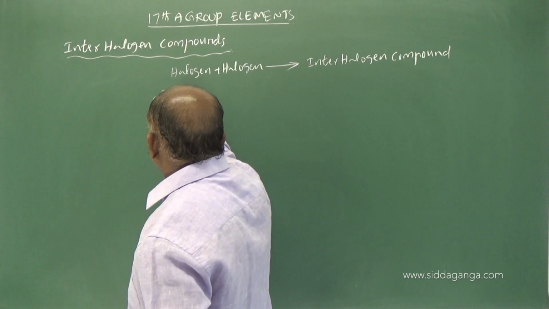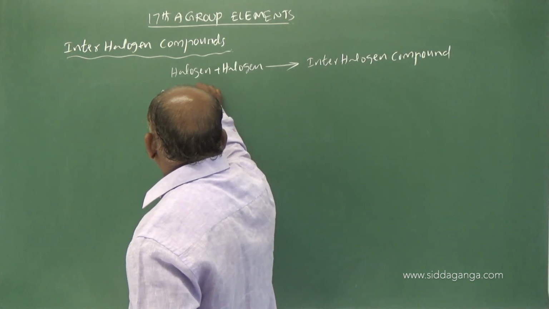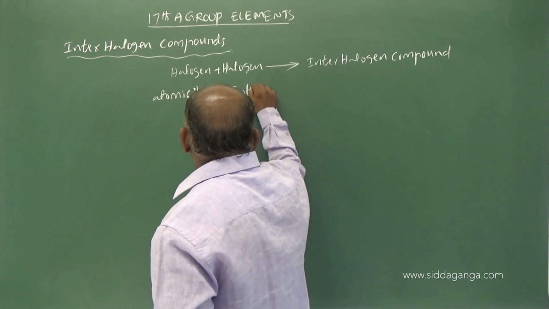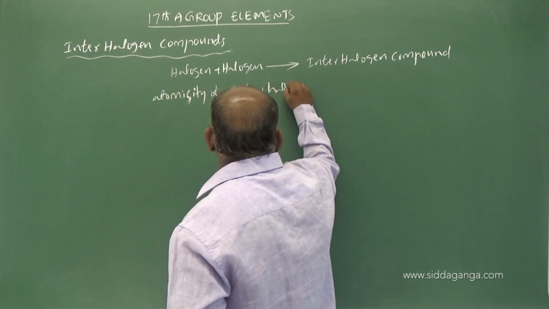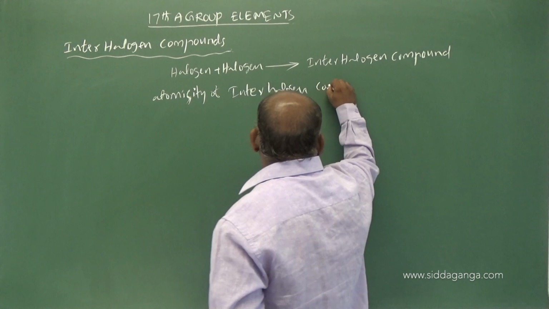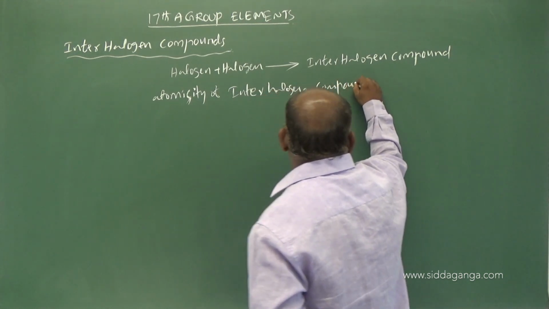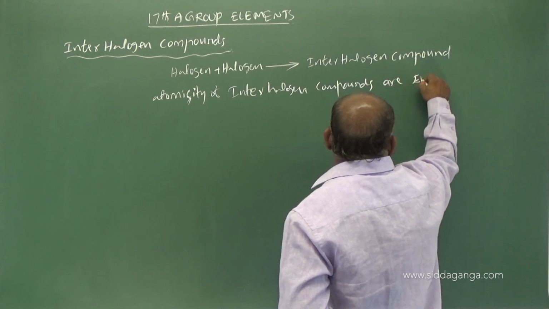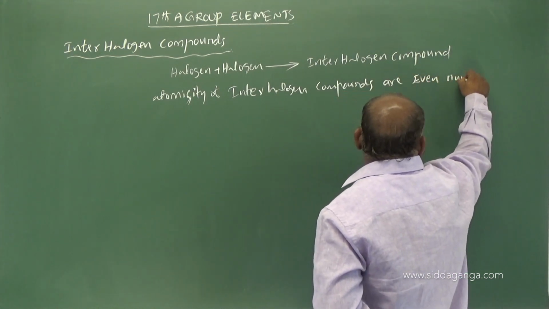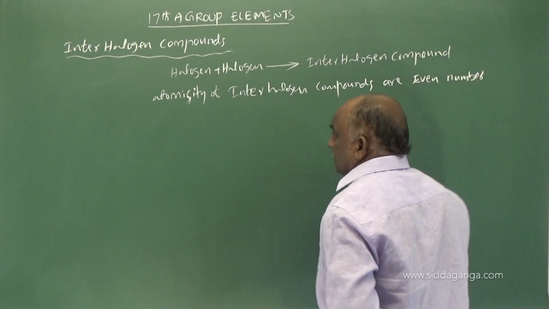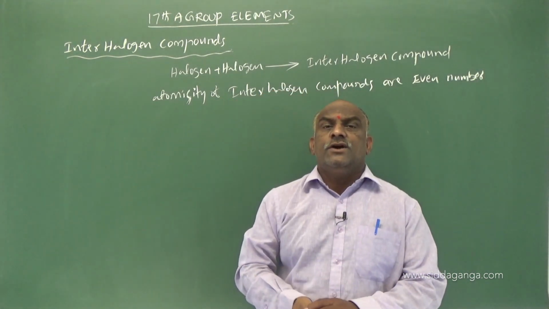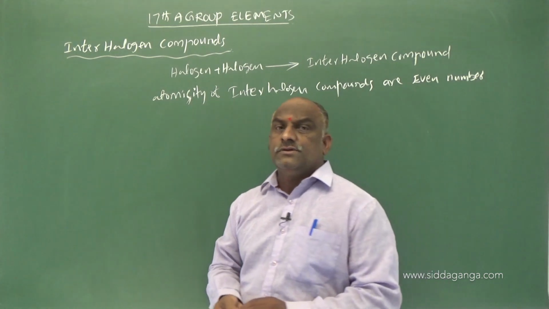Atomicity of interhalogen compounds is an even number only. This is very important. Atomicity of interhalogen compounds, what will be the number?